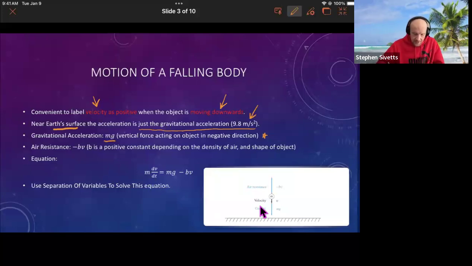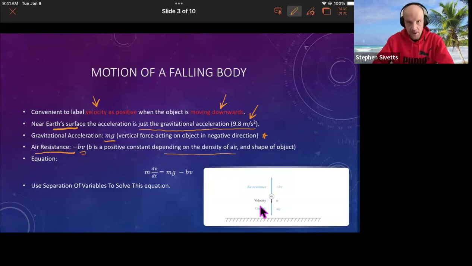So we'll label the air resistance as minus b times v. b is a positive constant, and this will depend on the density of the air and the shape of the object, so the drag coefficient and the air density.